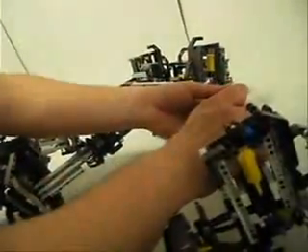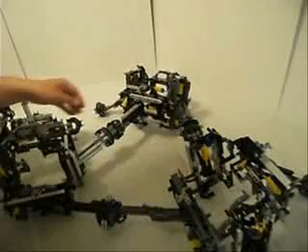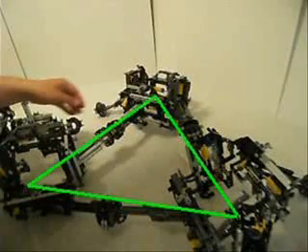The following two steps now show the translation of cell A from cell B to cell D. Let's take this opportunity to emphasize the presence of a triangular pattern.